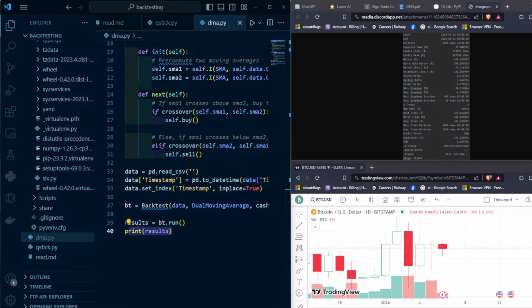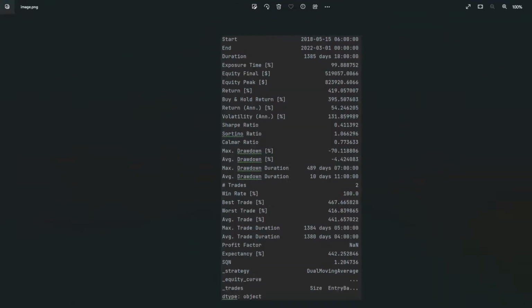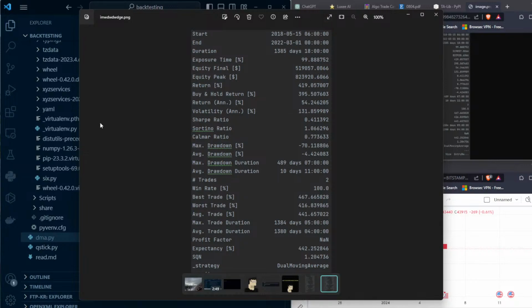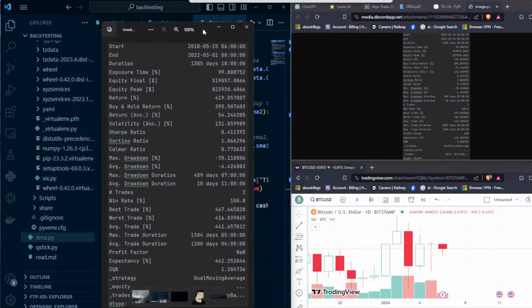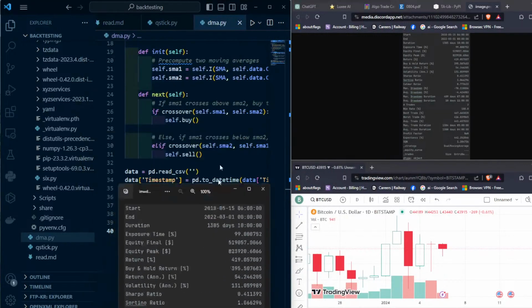Hold up. Okay, so let's just get it here. Alright, perfect. So this is the output of this backtesting.